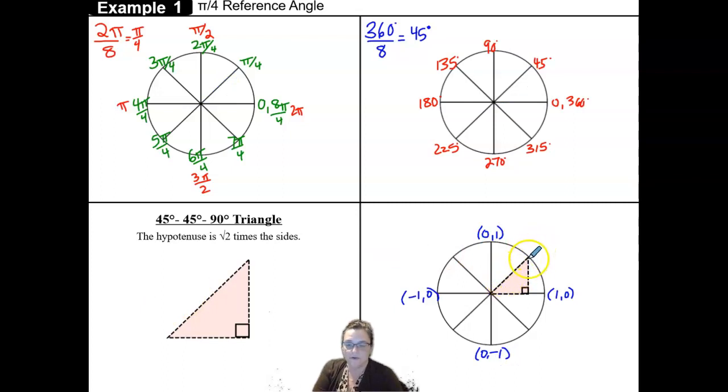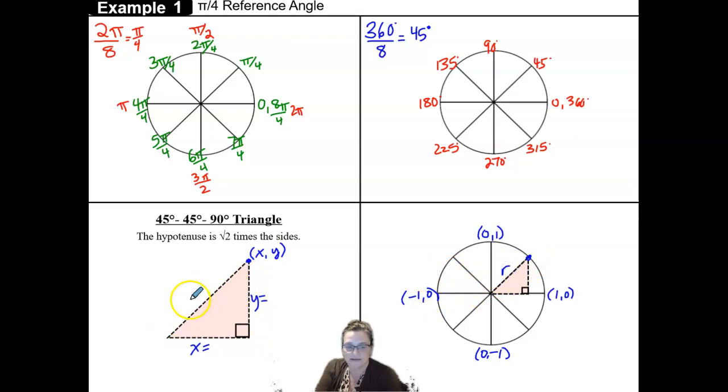Now to find the coordinate of this point, where the terminal side of our 45-degree angle intersects with the circle, I'm going to pull that reference triangle out to the side here, and we'll recall that the coordinate we're looking for is the point x, y, where the horizontal distance is x, the vertical distance is y, and this hypotenuse is the radius of the circle.